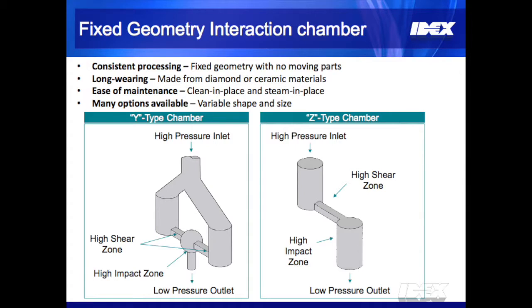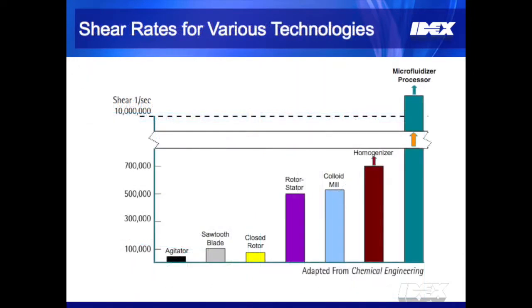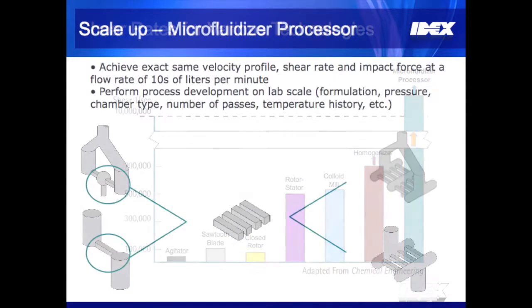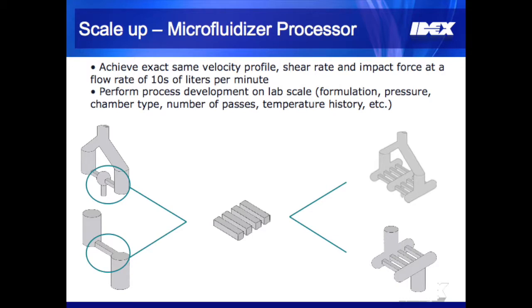They're both made out of extremely wear-resistant materials like polycrystalline diamond, and the other feature is they're very scalable. The main benefit of the microfluidizer processor is the extremely high shear rates that we are able to achieve, much higher than any other technology, and also the inherent scalability of our process.